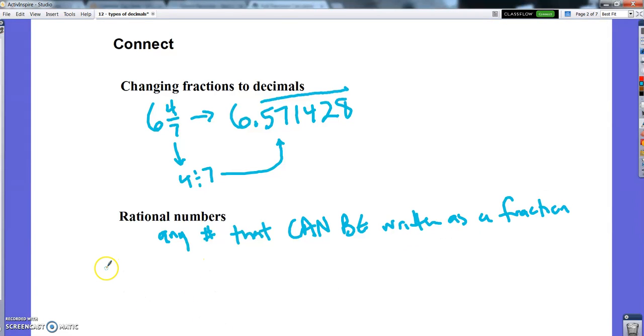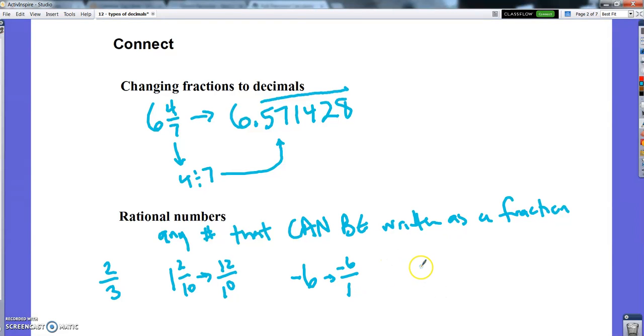So obvious ones include ones that are already fractions. That's a rational number. Mixed numbers can be written as fractions, so they are rational numbers. Whole numbers, I guess that's a negative number. Integers, they can be written as fractions, so they are rational numbers.